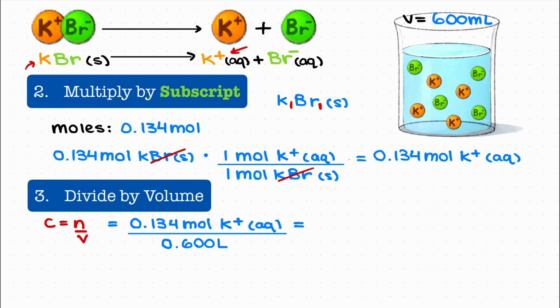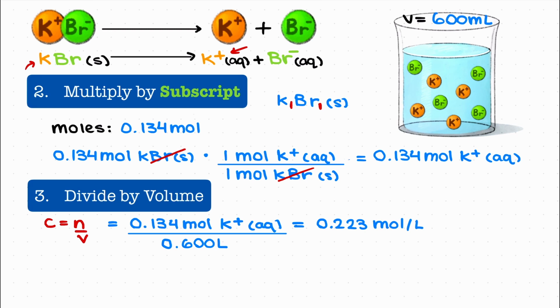Now, if you were to calculate that in milliliters, you would get a concentration in moles per milliliter, but because we're looking at moles per liter as the standard units for concentration, we need to make sure to convert our volume into liters. And we end up with a concentration of 0.223 moles per liter.